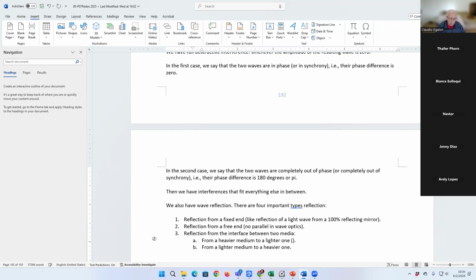Here, a light wave moving inside a medium of higher refractive index towards the interface, towards a medium of lower refractive index.